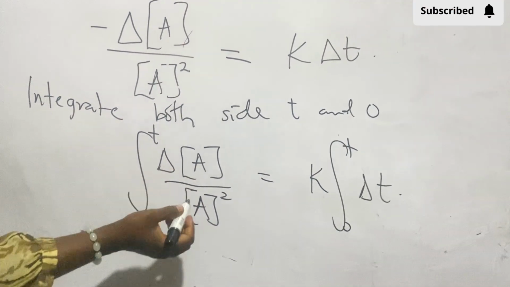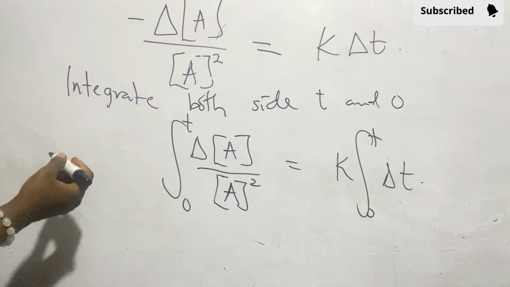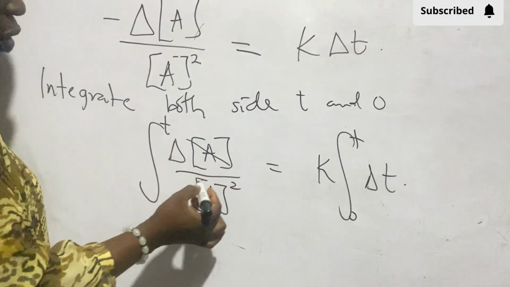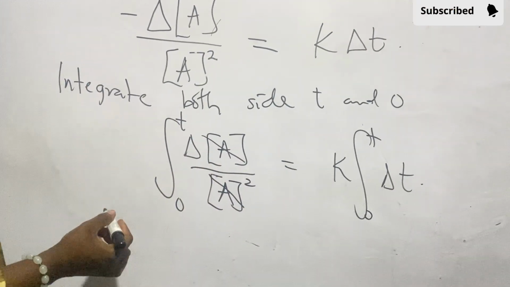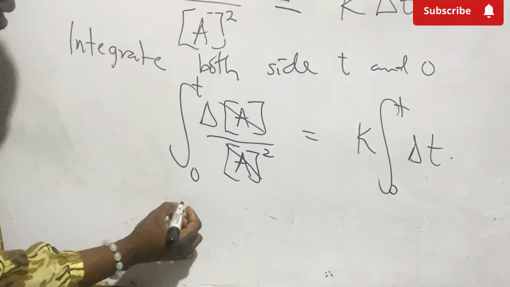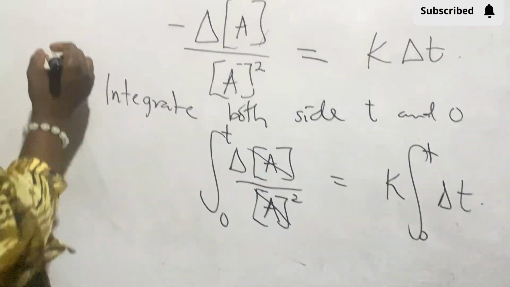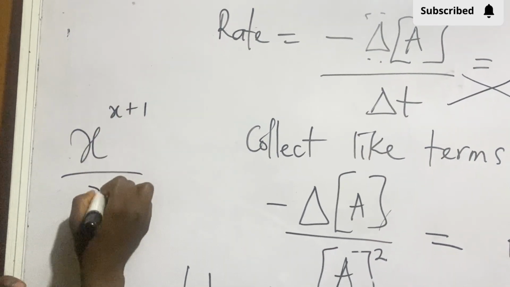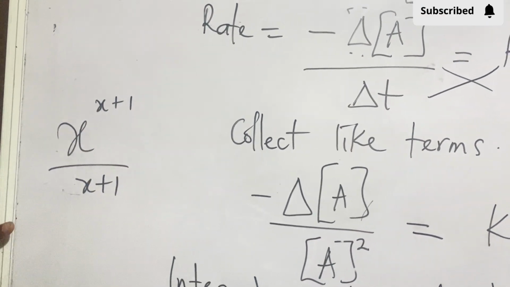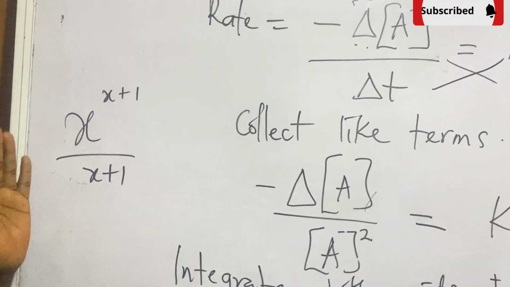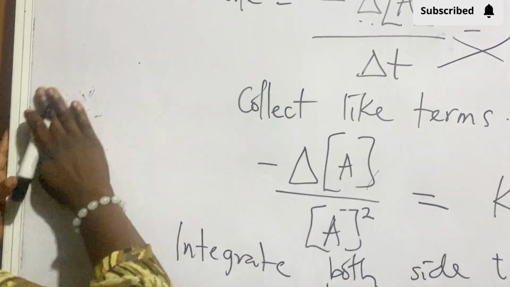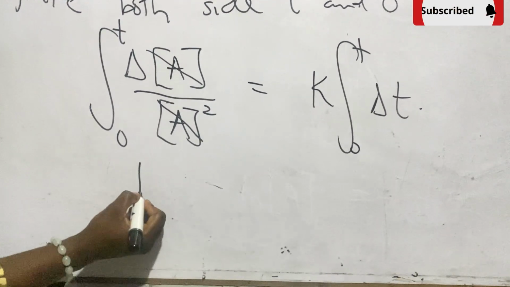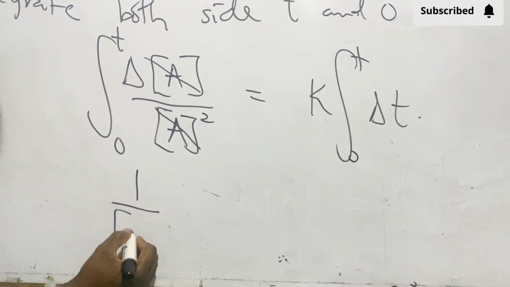You see, from here, because our rate of reaction depends on change in the concentration of the reactant, it means one of the A goes with one of the A. That means when you integrate, remember the simple integration. Whatever you integrate, you say x plus 1 over x plus 1. That is the simple principle of integration.